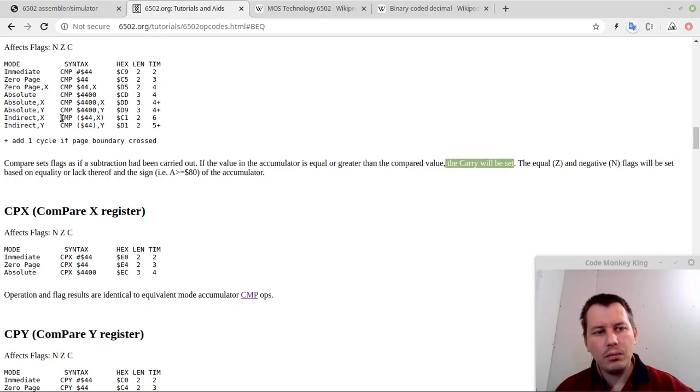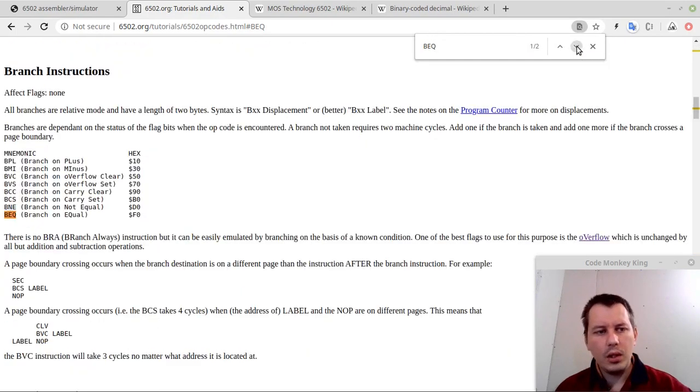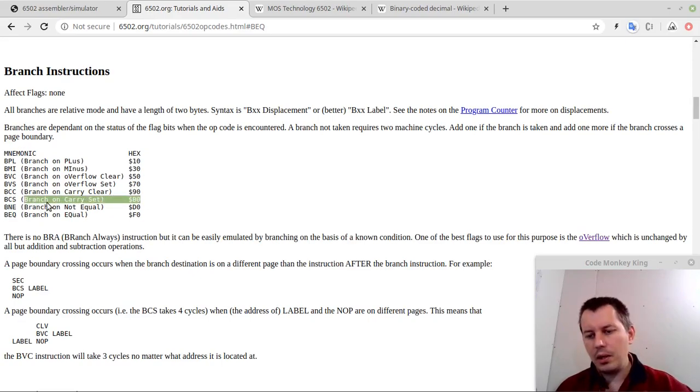So instead of using branch equals here, we can just use BCS, branch on carry set. In this case, this would be like jump if the value of the A register is greater than or equal to the one that we're comparing with.